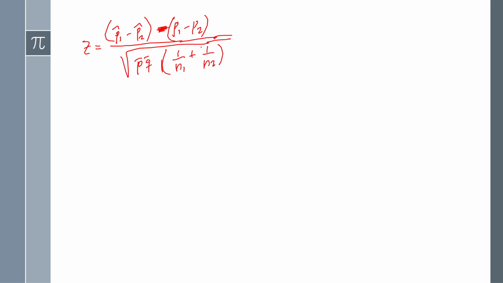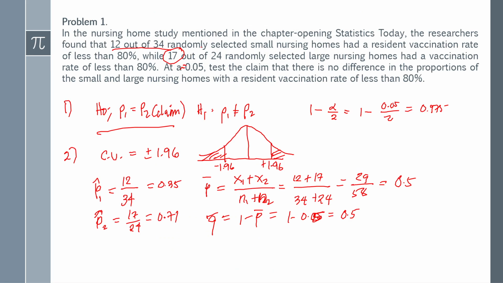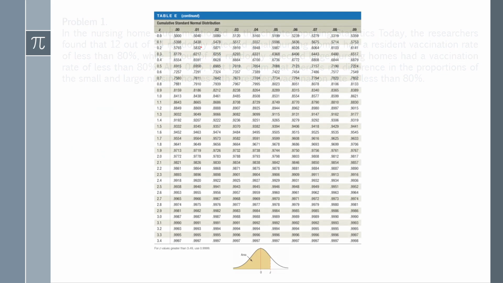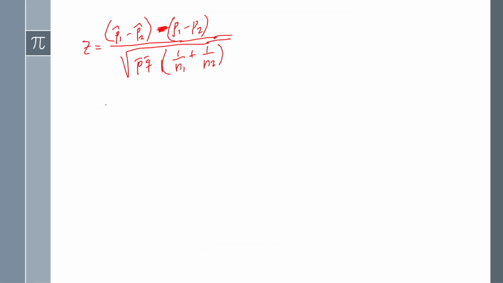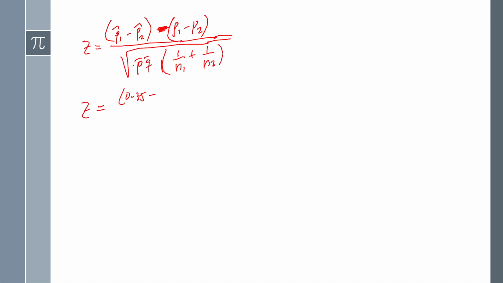So now we have to compute. We have the following results: sample proportion 1, sample proportion 2, the pooled proportion, and the pooled Q. By substituting in the formula for Z, we have 0.35 minus 0.71.